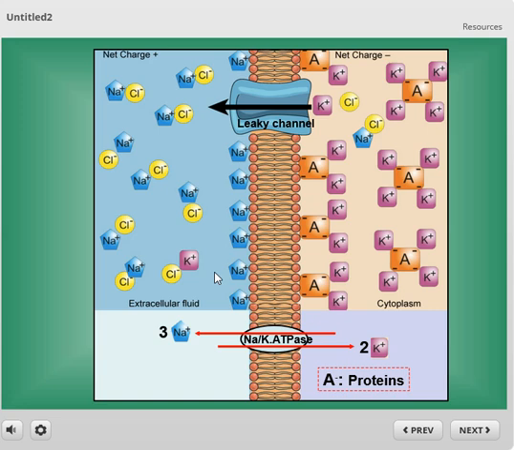So these ions can cause the negativity of the inside of the cells compared to the outside of the cells. And another factor that is important to the formation of the resting membrane potential is the sodium potassium pump.